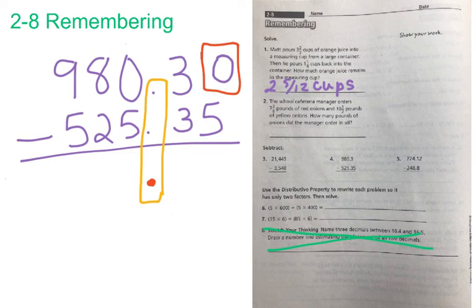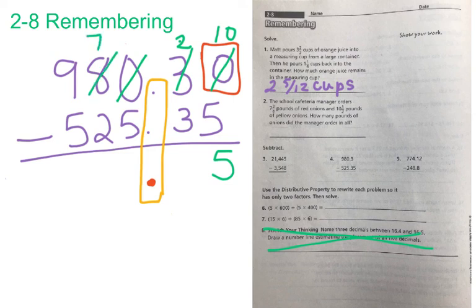Here we have 0 minus 5, which I can't complete, so I have to borrow, and the 0 becomes a 10, the 3 becomes a 2. 10 minus 5 is equal to 5. 2 minus 3 I can't complete, so I have to borrow, and I can't borrow here because it's a 0, so I have to move over one more.